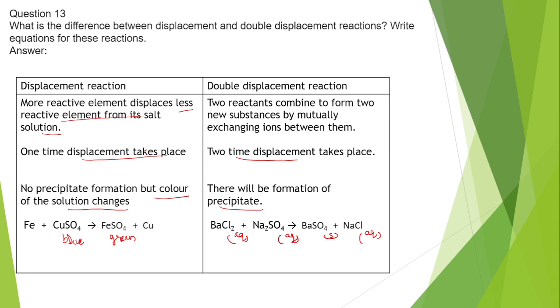Single displacement reaction means there is one-time displacement. Double displacement reaction means there are two-time displacements taking place. And in double displacement, there may be formation of precipitate. But in single displacement reaction, there is no precipitate formation, but the color of the solution may change.